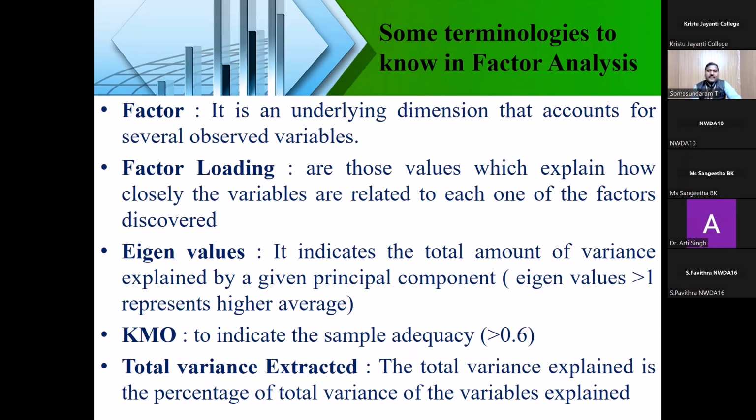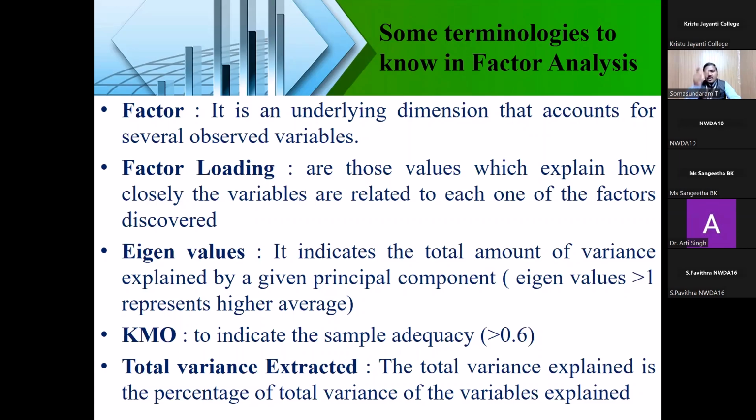And eigenvalue. The eigenvalue decides how many factors there can be for your variables. Say you entered all 60 variables and you don't know whether you need to compress 60 variables into 10 or 5. That will be decided based on the eigenvalue, that means which components have an eigenvalue equal to 1 or greater than 1.